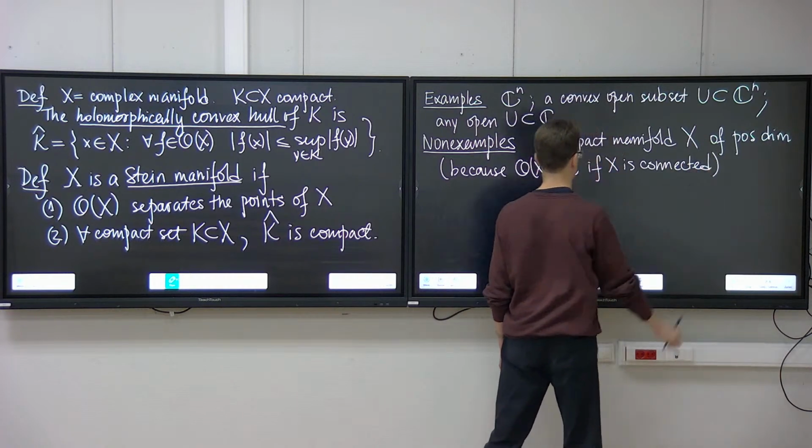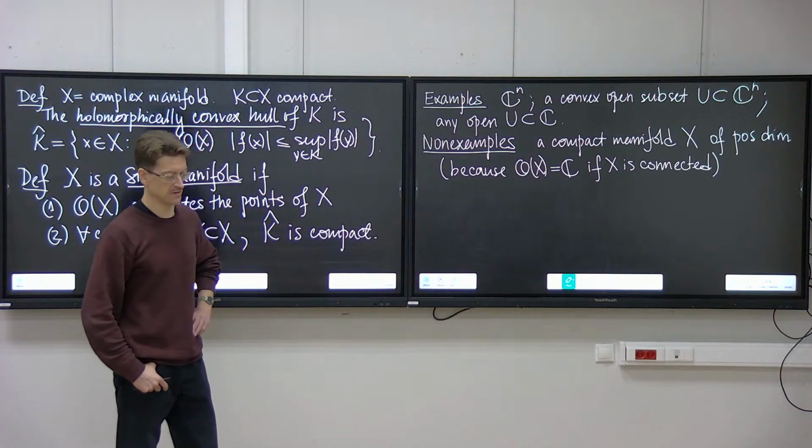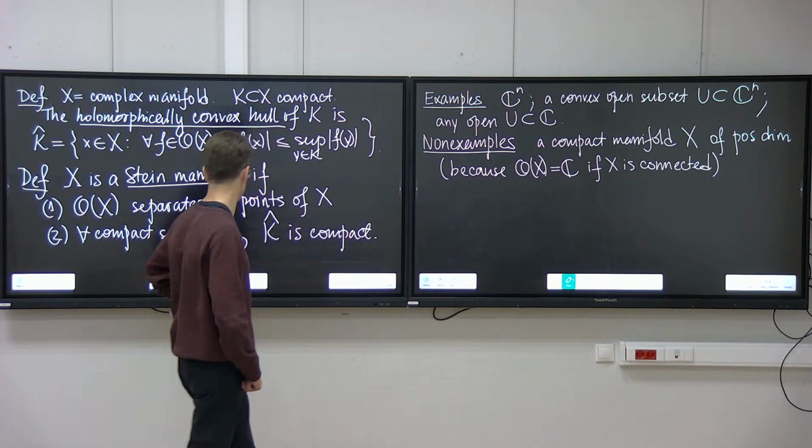And if it is not connected, then all holomorphic functions are locally constant. So definitely they don't separate the points.